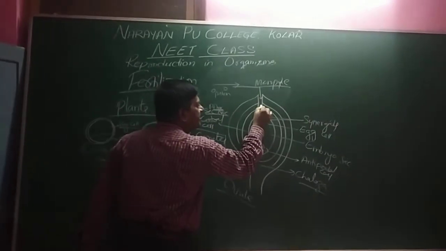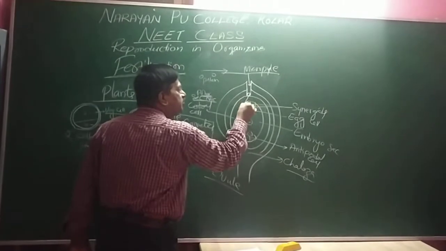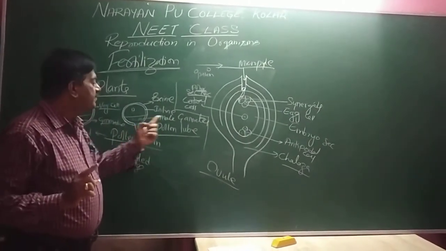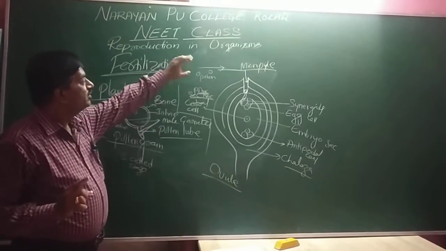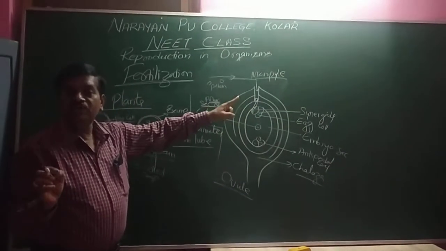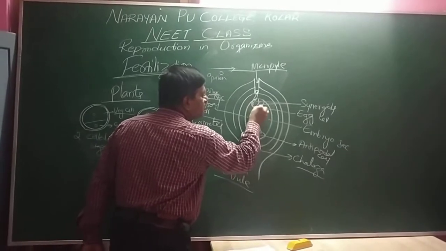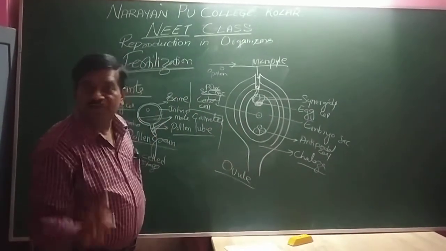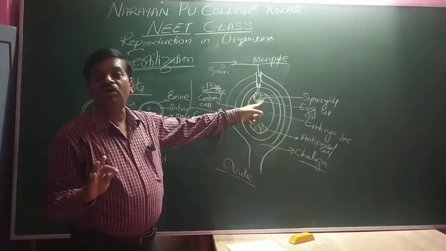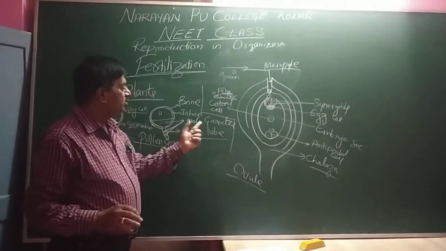Once the pollen grain reaches the micropyle, through the pollen tube, one of the male gametes fuses with the egg cell. This is called fertilization.